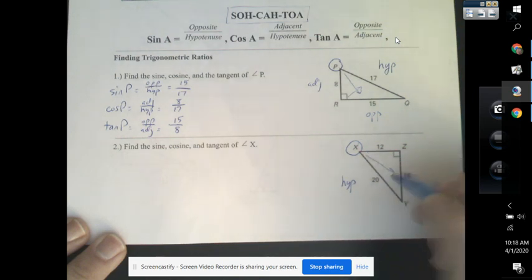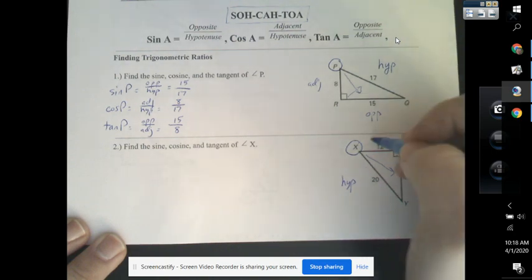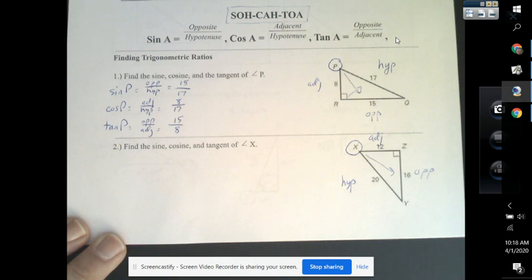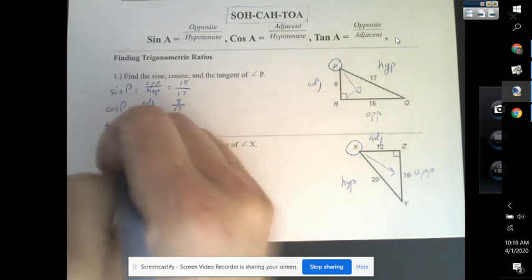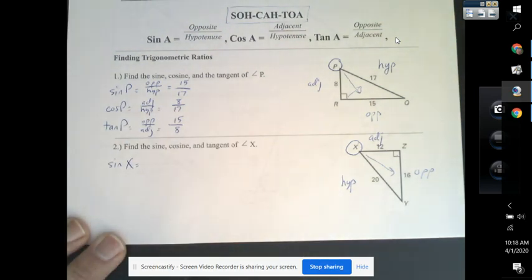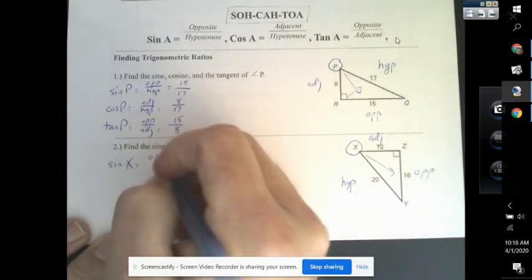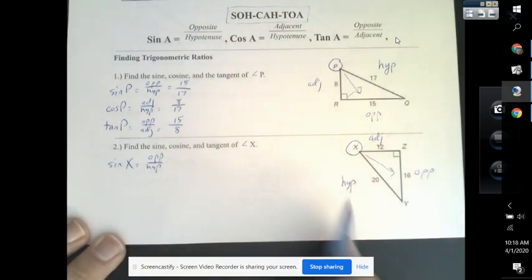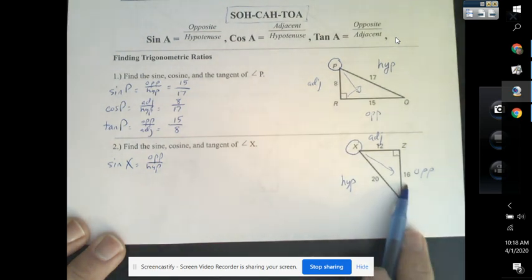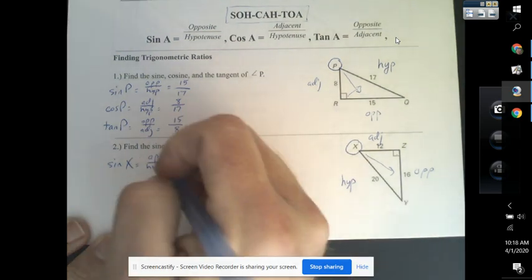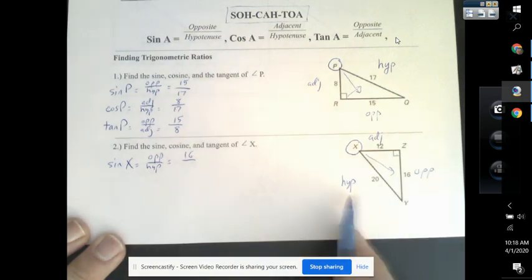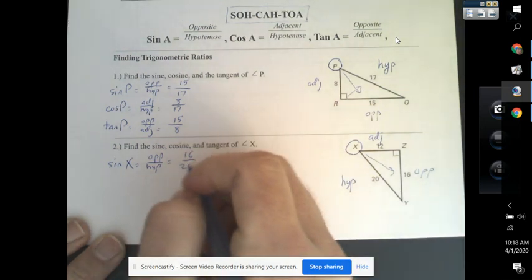There's my opposite, which leaves my last remaining side as my adjacent. Sine of X. Now, sine, again, opposite over hypotenuse. Opposite is 16, and hypotenuse is 20. Great.